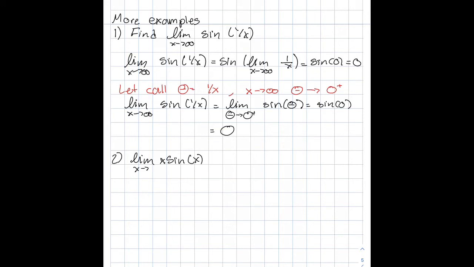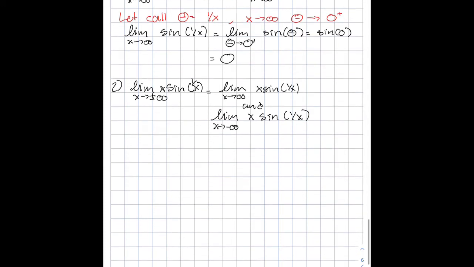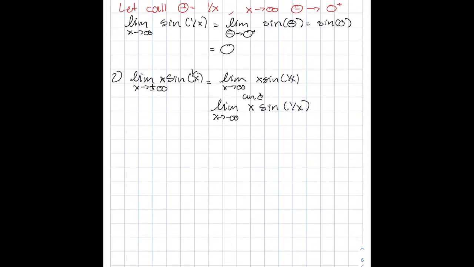Whenever you see limit as x approaches plus or minus infinity, that means they're asking you to find the limit as x approaches infinity and the limit as it approaches negative infinity. I think that's shown on your homework, so I just want you guys to get familiar with that notation.